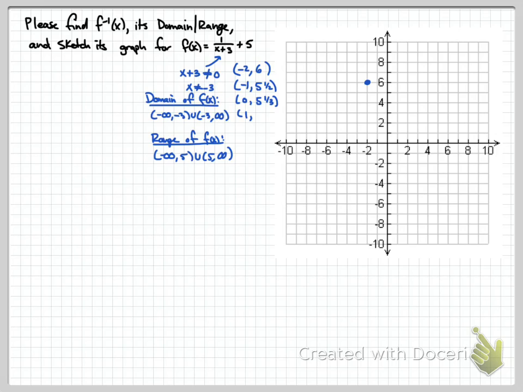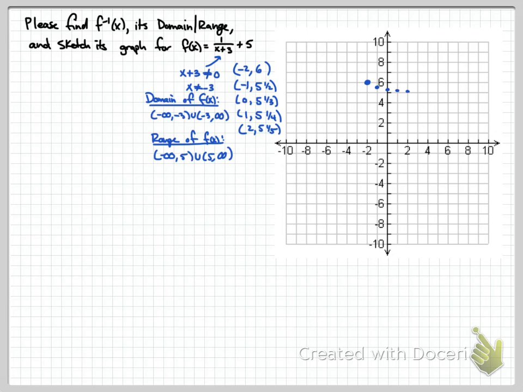If I put in the input 1, I get 1 over 4, 5.25. And so we see a little trend going on here. 2 comma 5.25, etc. So I'm going to go ahead and graph these ordered pairs. So we have negative 1 comma 5.5, 0 comma 5.33, 1 comma 5.25, 2 comma 5.25, etc.